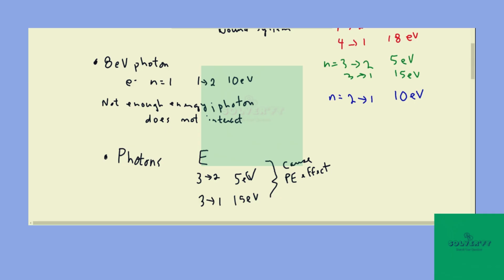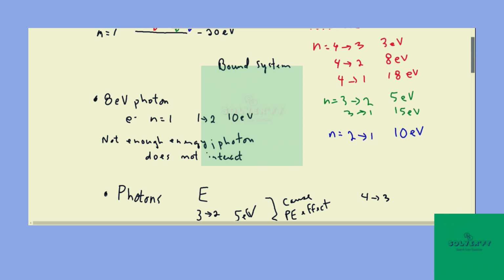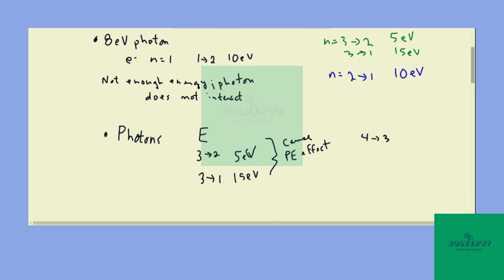However, we find out that the 4-to-3 transition does not, and that's a 3 electron volt. No photoelectric effect. And of course, this gives us some information about the work function of the material.